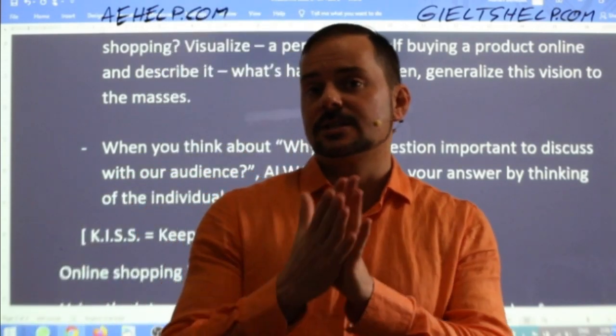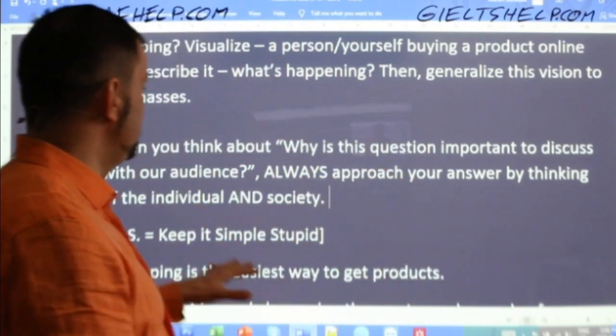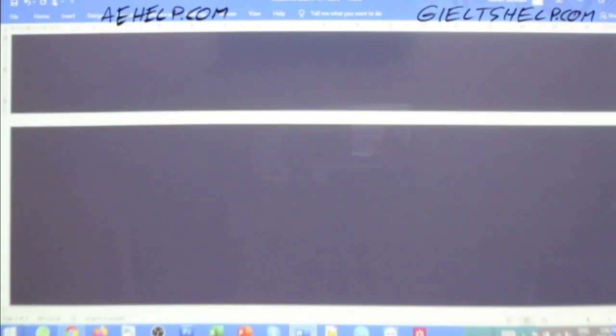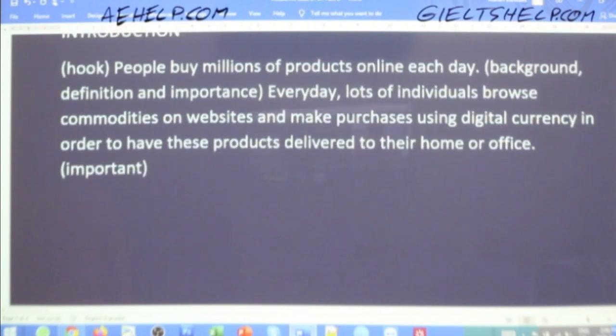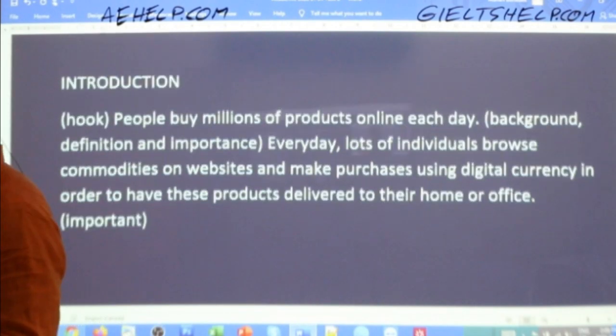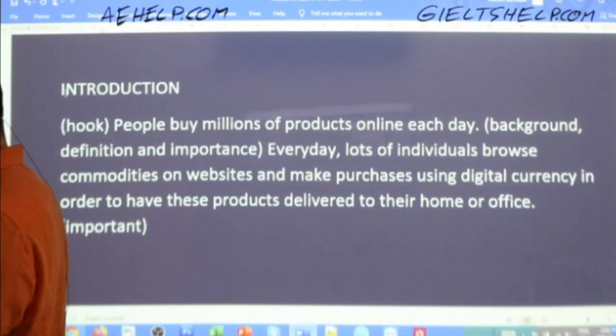Again, this is a tricky part of the introductory paragraph, students, the hook and the background. You don't want to spoil the thesis, okay? I'm going to make a note because I see that several of you have this tendency.